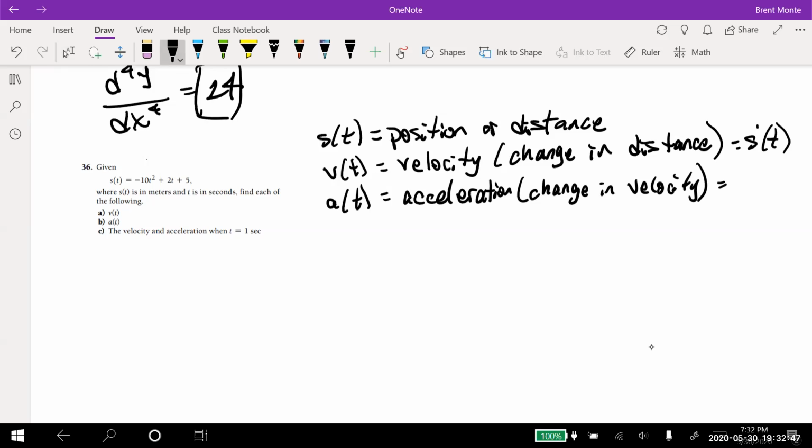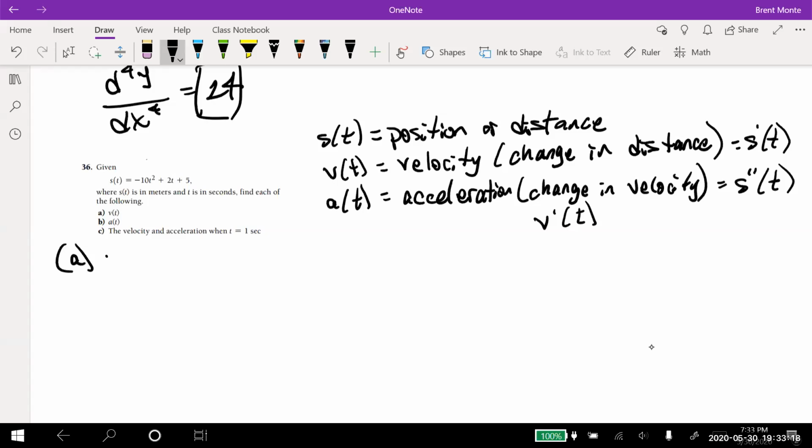So that's the derivative of velocity, but that was already the derivative of position. So that's the second derivative of position. So there's an example where the second derivative actually means something concrete that we can talk about. It's the rate of change of how fast I'm going, which is the rate of change of my position or my distance.